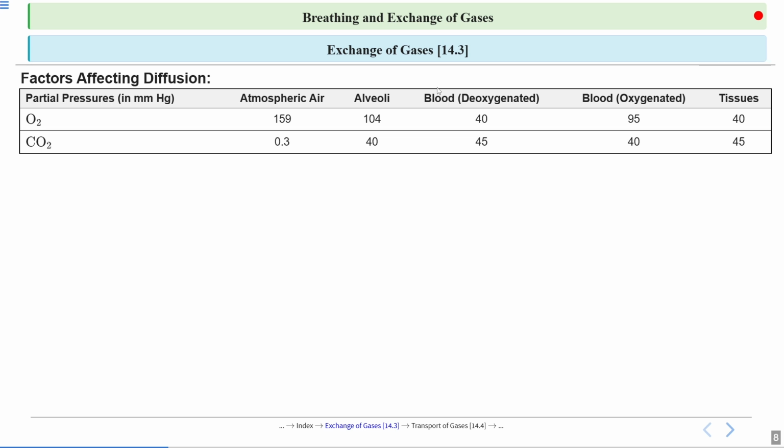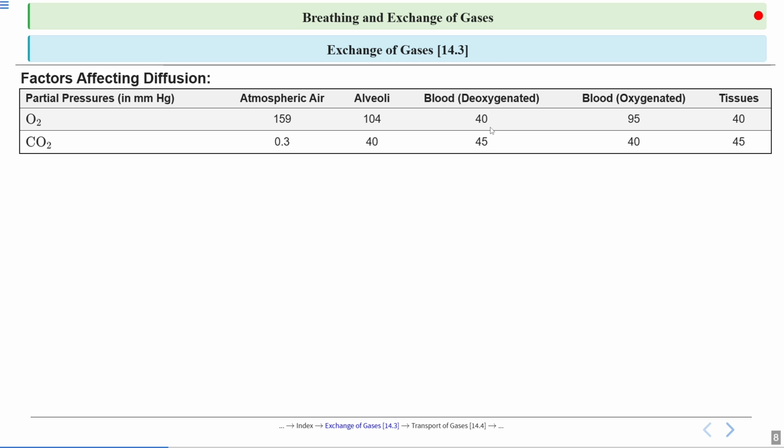In the blood, when the blood is deoxygenated, the oxygen is not all used. Still some of the oxygen is left, right? So the deoxygenated blood is still having some oxygen, and that is 40.